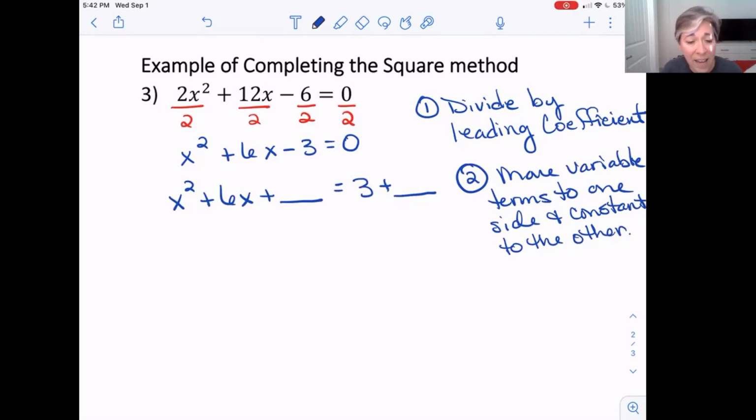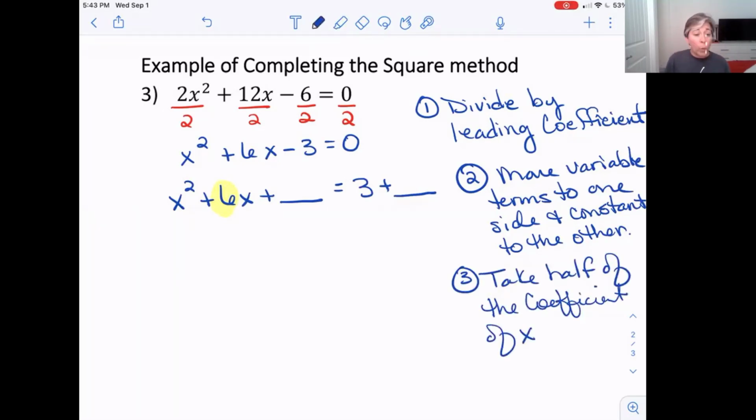Now this next step is kind of the important piece. So we have to remember that the middle number is double the number we're looking for. So if our middle number here is 6, we're going to take half of that coefficient of the x. So a half times 6 gives us 3.